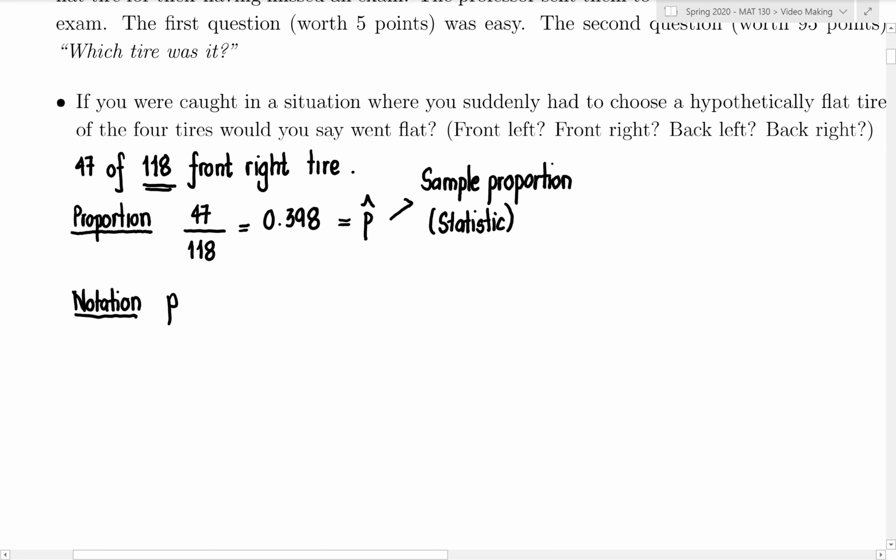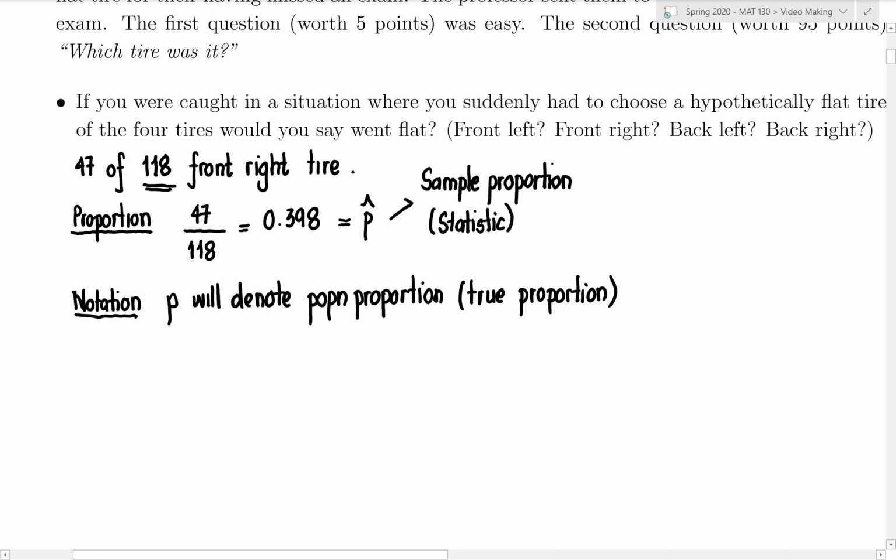So p will denote the population proportion, also referred to as the true proportion. And since this pertains to the entire population, this is going to be a parameter.